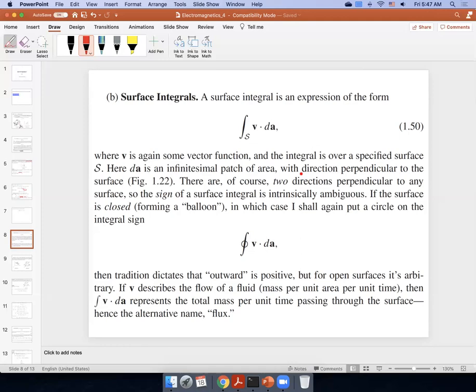The direction of the surface is always perpendicular to the surface. However, perpendicular to a surface means there are two directions which are opposite to each other. So we can define one direction to be positive and the other to be negative. So it's always ambiguous.